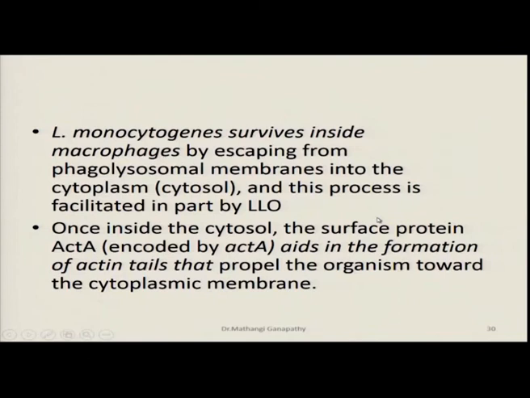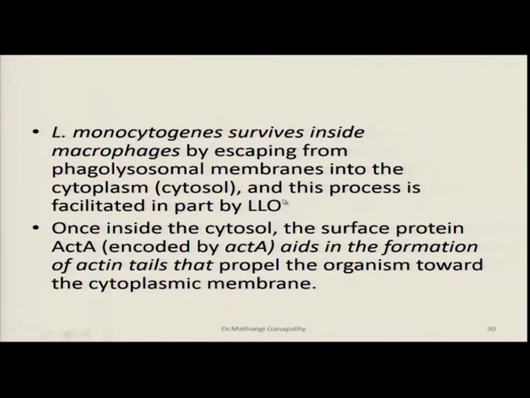So, once the Listeria has entered the macrophages, it will escape the phagolysosomal membrane. Normally the phagosome will unite with the lysosome, and the enzymes which are present in the lysosome will destroy the organism.